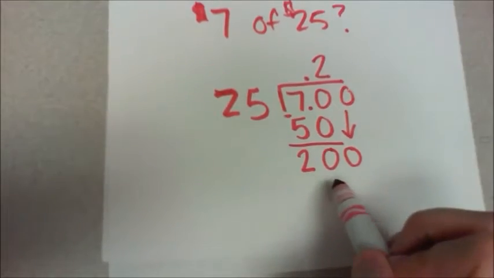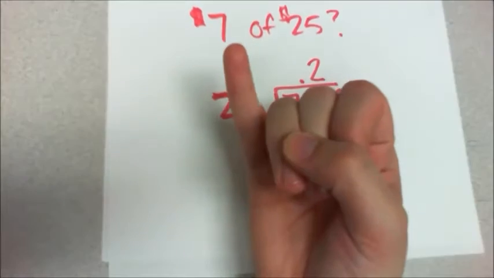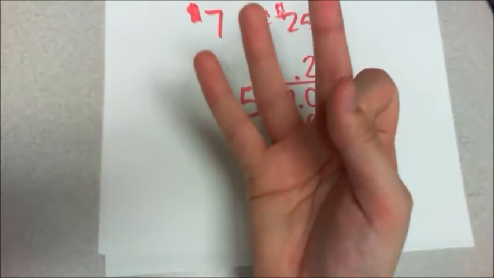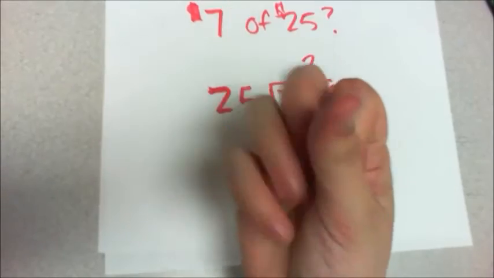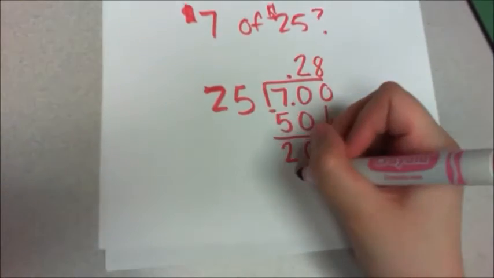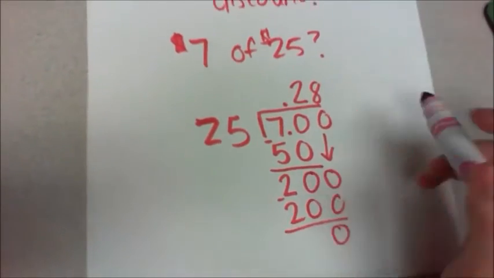How many quarters go into $2? 25, 50, 75, $1, $1.25, $1.50, $1.75, $2. That's 8. 8 times 25 is 200. And we get to 0.